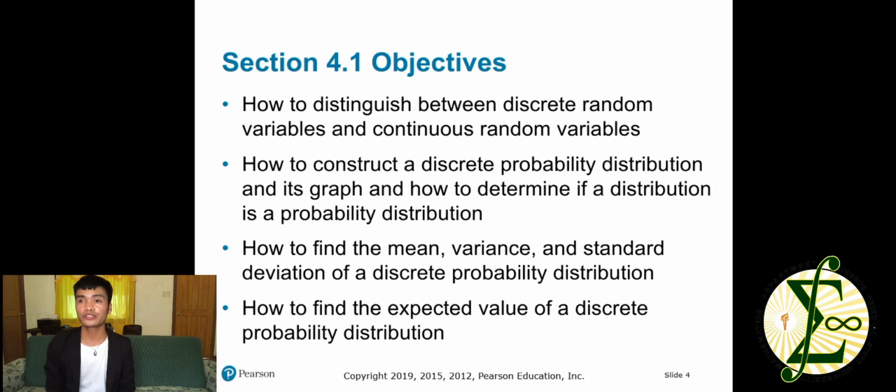Second, how to construct a discrete probability distribution and its graph, and how to determine if a distribution is a probability distribution. Third, how to find the mean, variance, and standard deviation of a discrete probability distribution. And fourth, how to find the expected value of a discrete random variable.